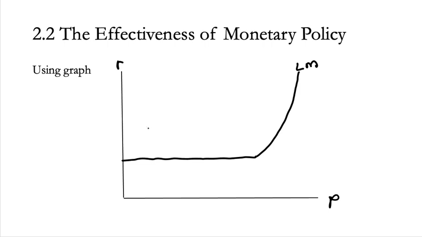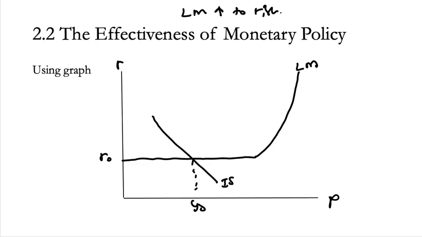And let's say we have almost 3 different segments, like I said in the previous slides. So let's say the initial IS is here. So output is here. Initial interest rate is here. Just imagine if we have expansionary monetary policy, that basically means LM will shift to the right, isn't it?